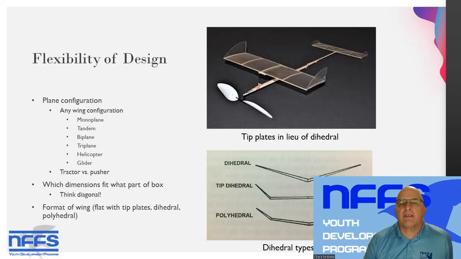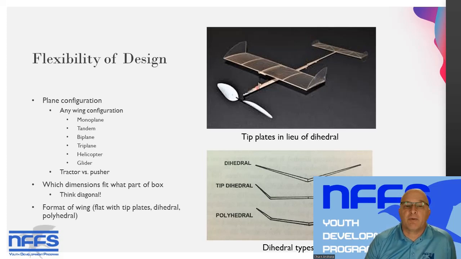So this year's design, being a box constrained design, allows a lot of flexibility in design. A plane of any configuration, meaning a monoplane, which is your traditional airplane, a tandem where the tail surface is just as big as the wing surface, a biplane where you have 2 wings and 1 tail, even a triplane.